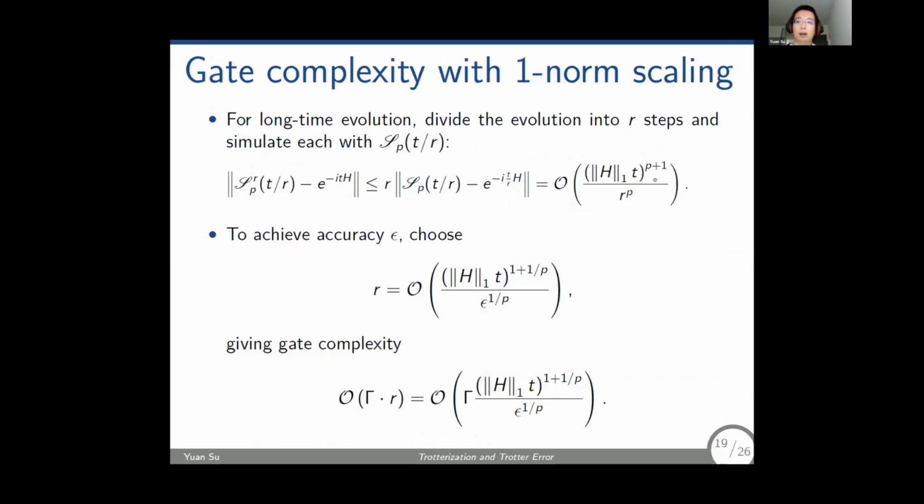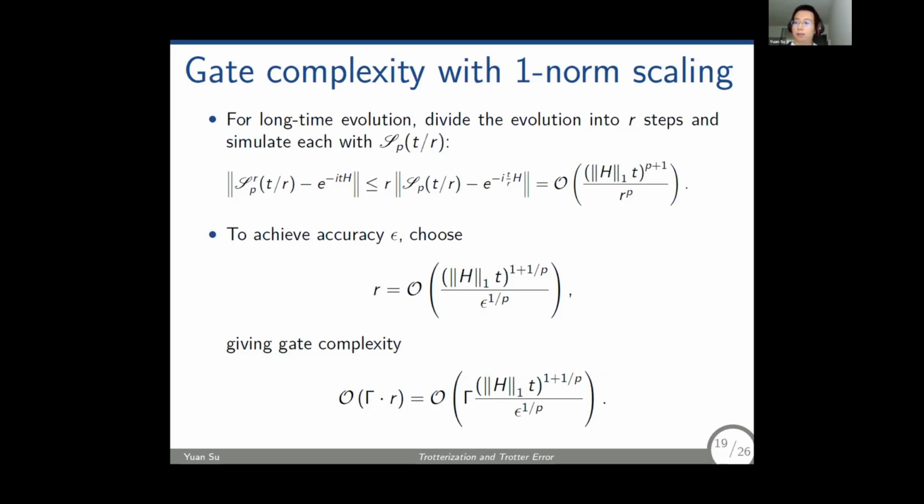So you amplify that error by a factor of R. Let's say you want to achieve some desired accuracy epsilon, then you choose R to be sufficiently large. And you can work out the gate complexity, which is basically given by the cost per step times the repetition number. So this will give you the total cost.